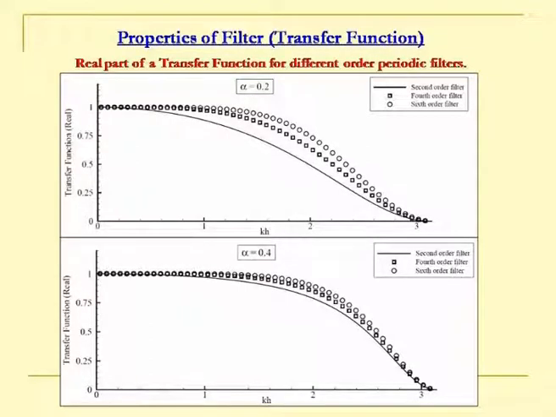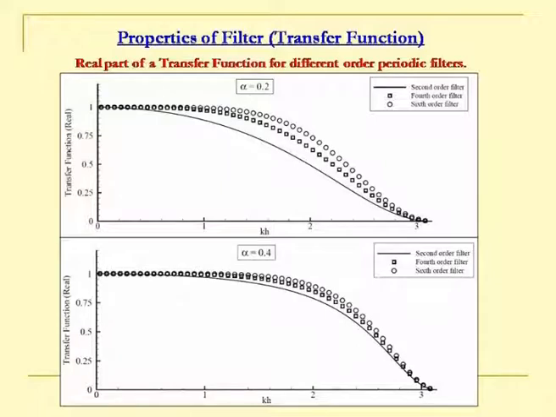the transfer function for second, fourth and sixth order filters, and they are shown here. Say for a fixed value of alpha, as the order of filter increases, you have lesser filtering at low k, whereas the descent is rather rapid at high k. The sixth is the hollow circles.